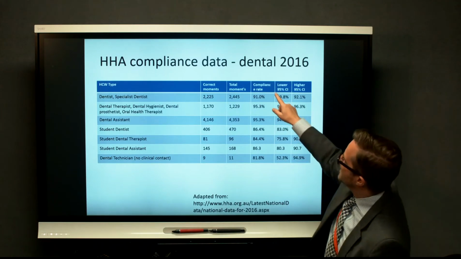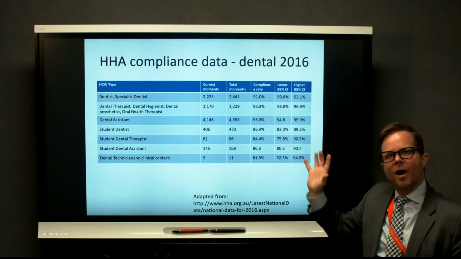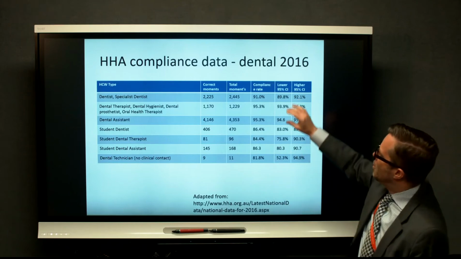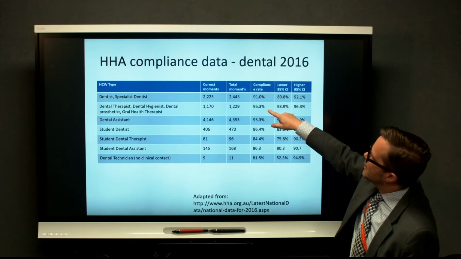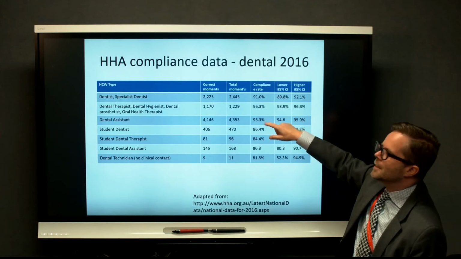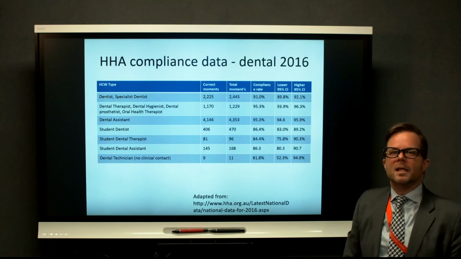So in actual fact, these dental professionals here had a higher compliance rate than any of those on the previous slide. But within the dental group, you can see that therapists, oral health therapists, and hygienists and dental assistants, excuse me, were more compliant than dentists.